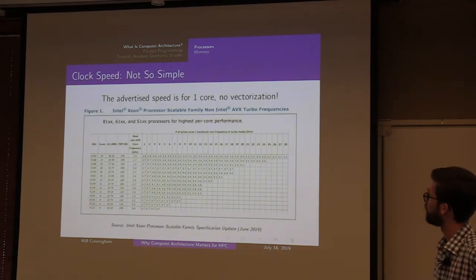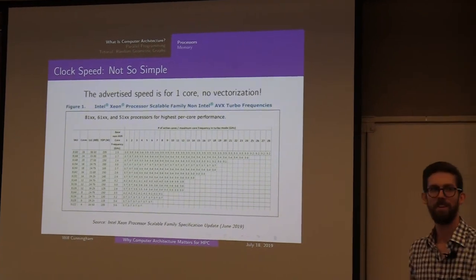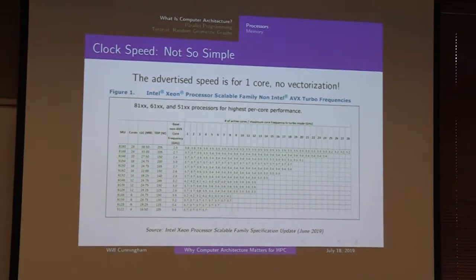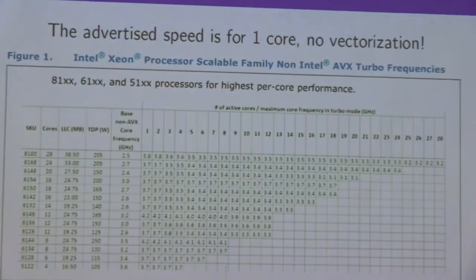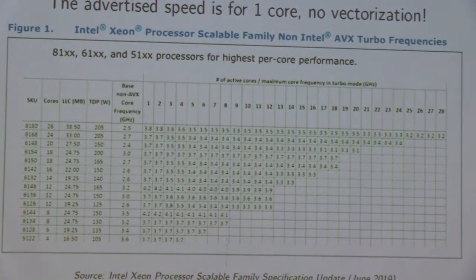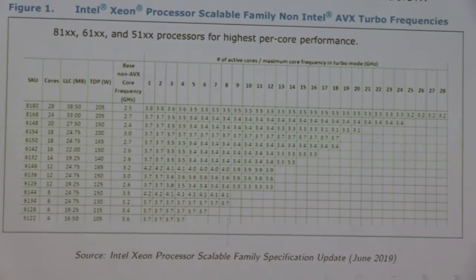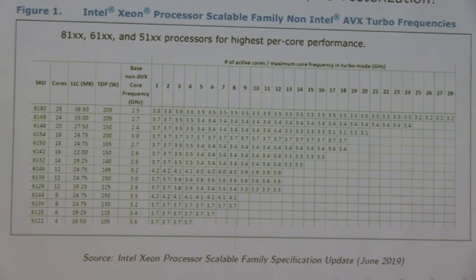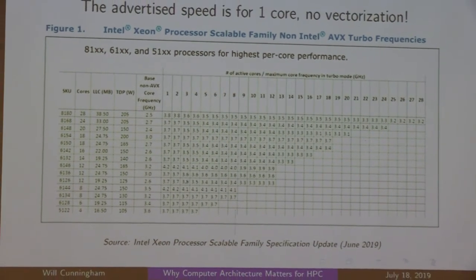So another thing I want to mention is the clock speed is not always what it might seem. If you're purchasing a processor, this is probably one of the things you look at, along with how many cores. They publish this data. It's called, for this one, the Intel Xeon Processor Scalable Family Specification Update.